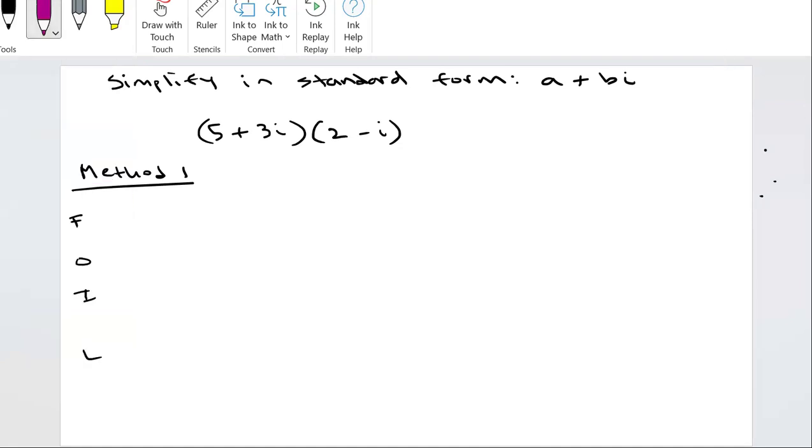In this case, our first numbers are going to be the 5 times 2. The outer numbers are going to be the 5 times -i. The inner numbers are going to be 3i and 2.